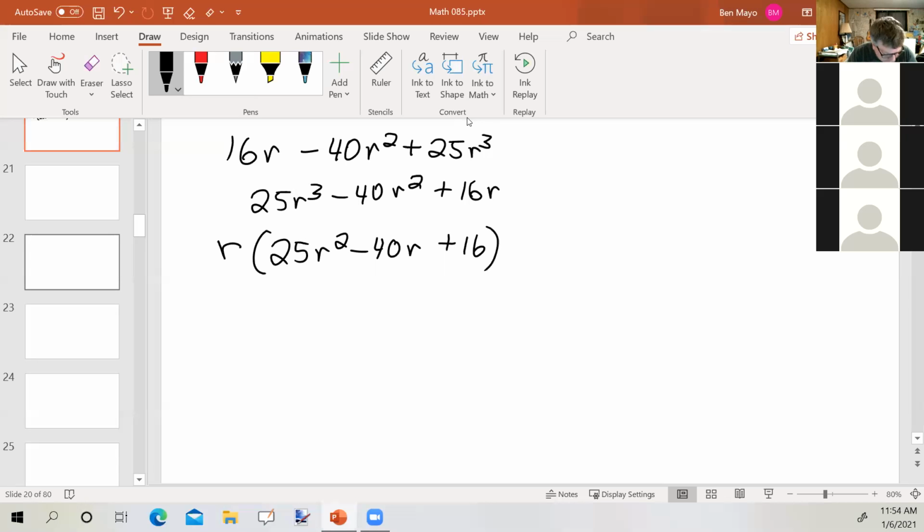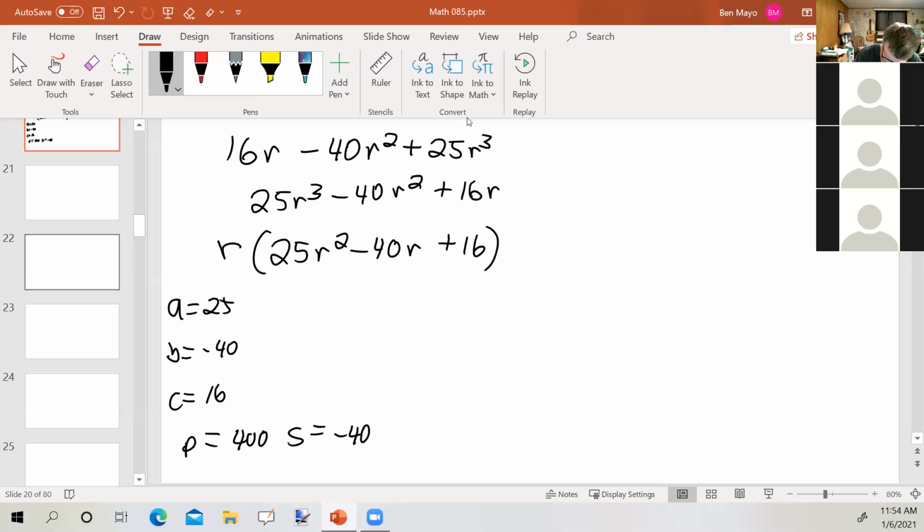So now I'm no longer considering the r above it. I'm just looking at the stuff in parentheses to work on what's going to happen next. A is going to be 25, B is going to be -40, and C is going to be 16. Let's see. 25 times 16 would be 400, and then the sum is -40.